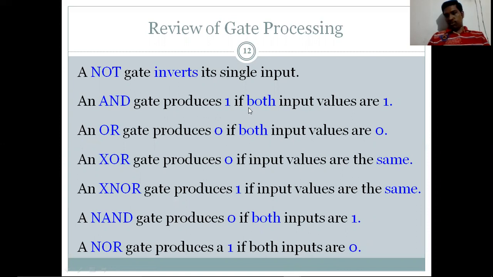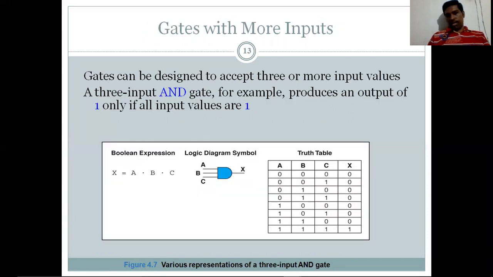Both in the sense, if you have 2, if we have 3, all the 3 should be high. If you have 4, all the 4 should be high. Likewise, as I am having 3 here, if A equal to B equal to C equal to 1, then only our output will be 1. See here, the last combination A equal to B equal to C equal to 1, then only I get output as 1, right? So that is the condition.